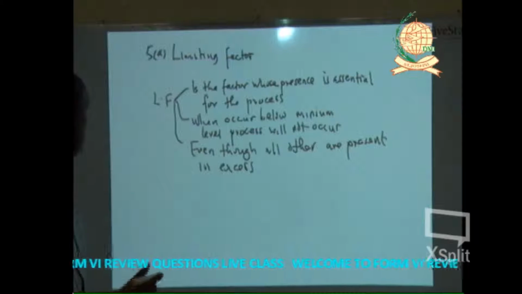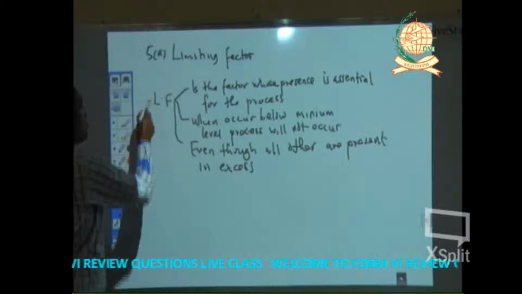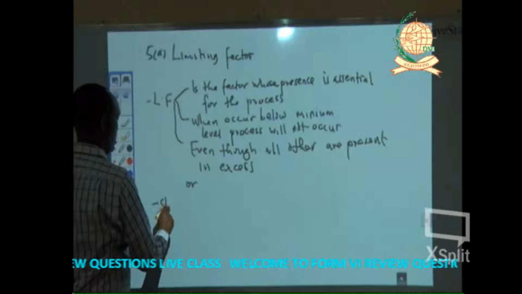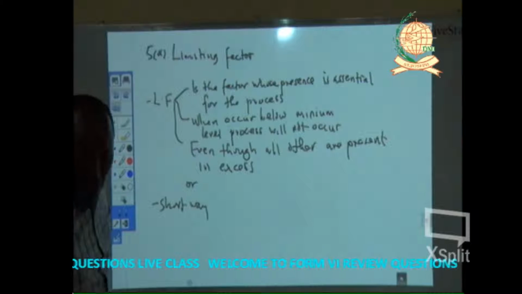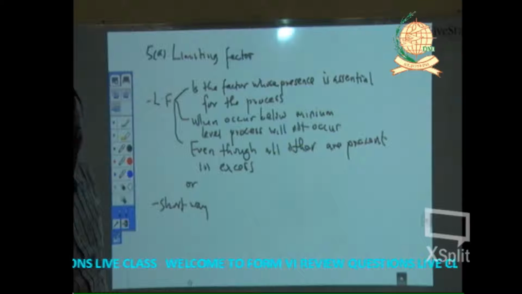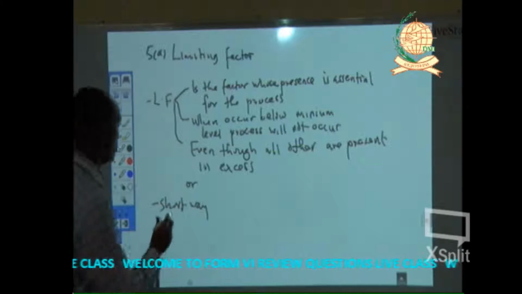So, in a short way, we can say that the rate of a given process is determined by the factor which is in the shortest supply.